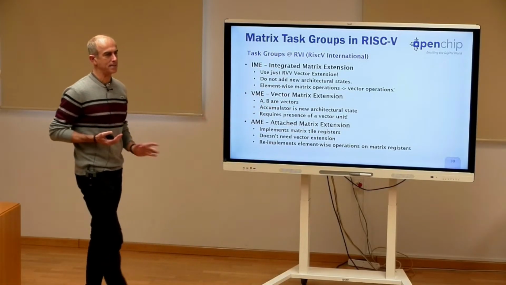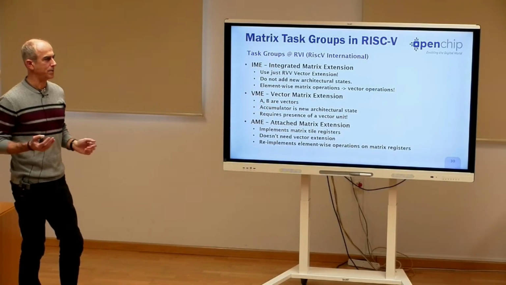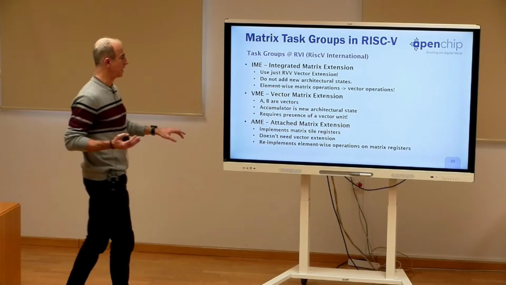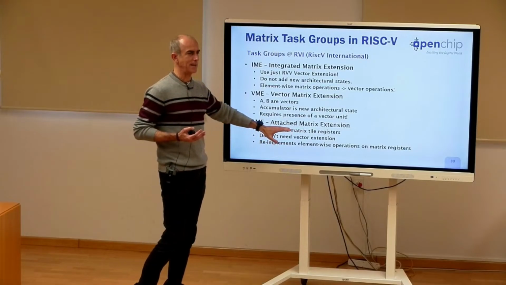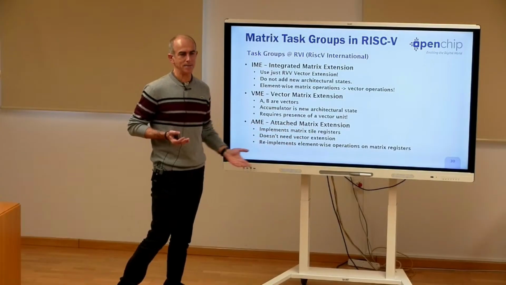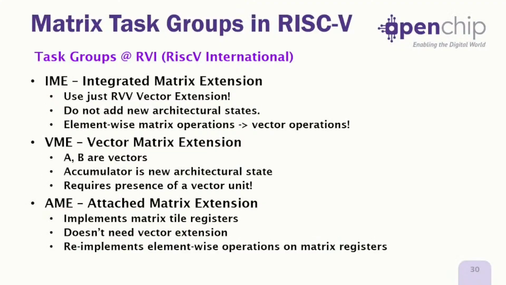The AME instead is a totally new extension which doesn't use the vector registers, but adds another kind of registers called tiles. So you have new registers which can handle just matrices.